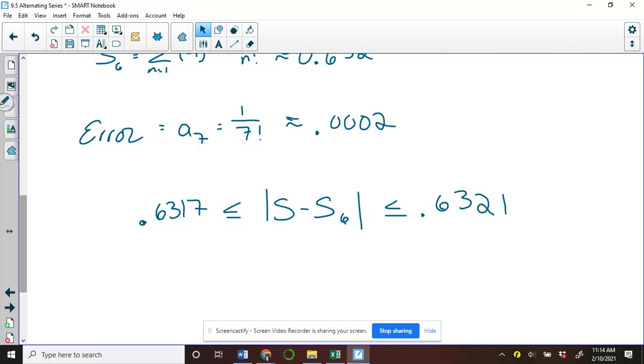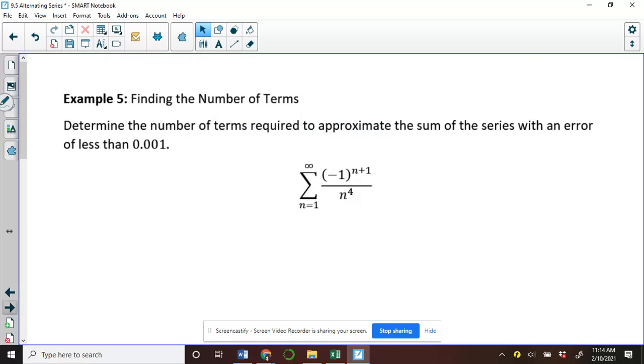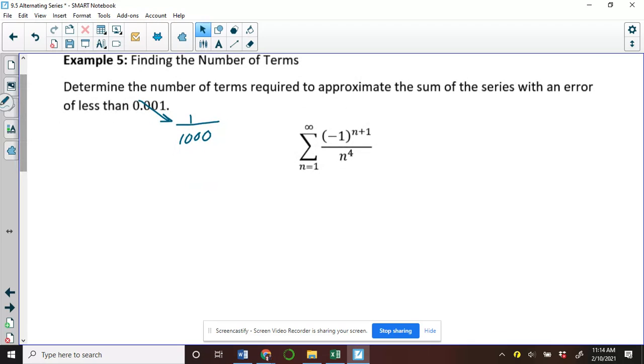In our next example, we're going to basically solve for when our error is less than 0.001 or 1 over 1,000. To do this, we need to figure out the non-alternating portion. So that's 1 over n to the 4th if we pull out the non-alternating portion.